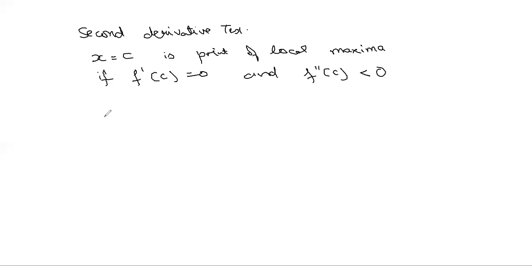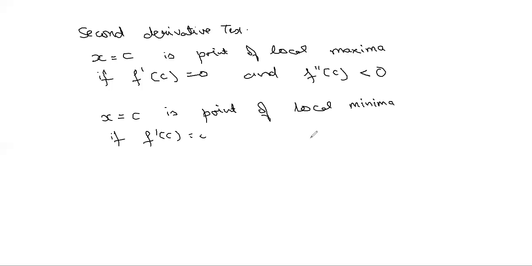While x equals c is a point of local minima if the first derivative at c is 0 but the second derivative at c is positive.